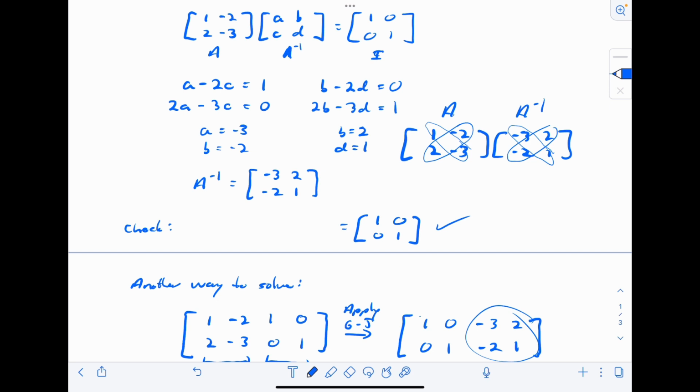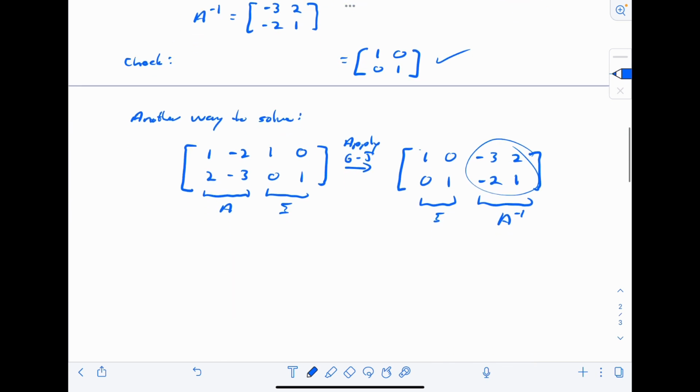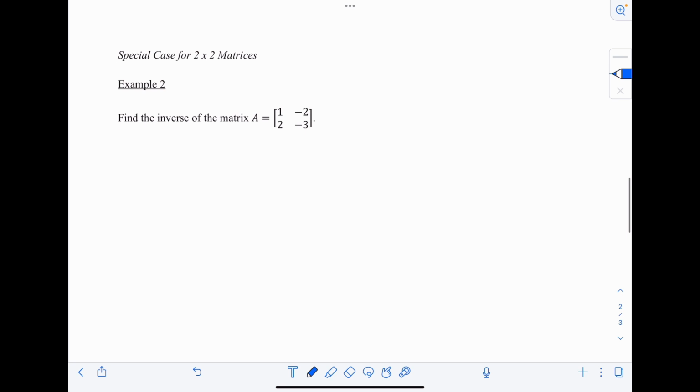If we did more of these, you'd really start to see the pattern come out. Basically what happens is in a 2x2 matrix, these two numbers are simply going to switch places, and these two numbers are going to take opposite values. Now, there's one other piece we need to talk about, because that's not all it does. There is actually more to it.